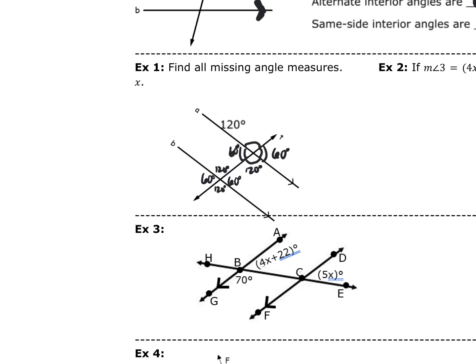With that 120 that we knew, we could have done alternate exterior angles to get this one down here to be 120. We could have done alternate interior angles. Once we had this 120, we could have done that 120. And then we could have done the same thing with that 60. Lots of ways to prove all those angle measures there.